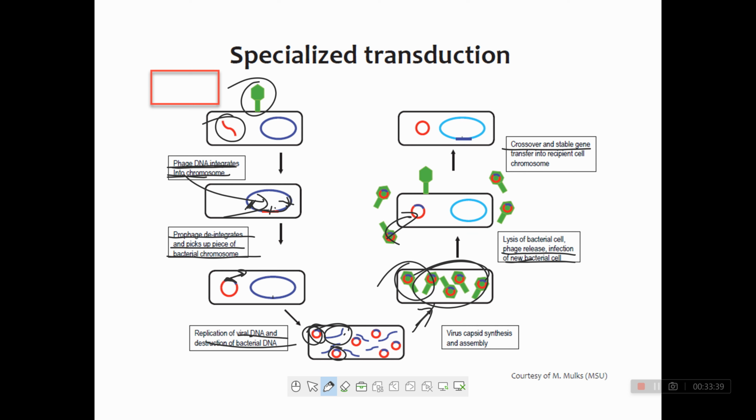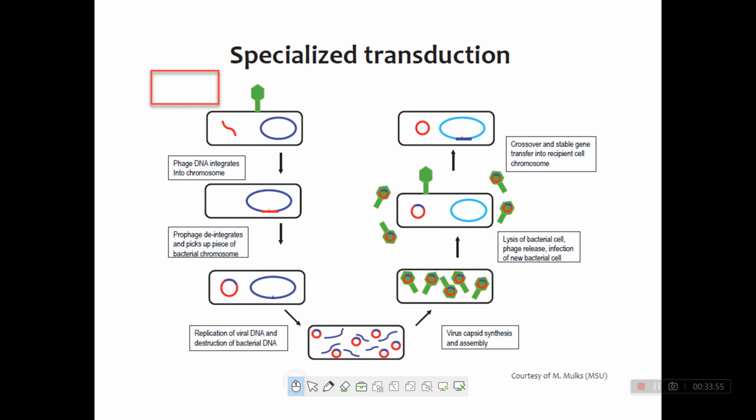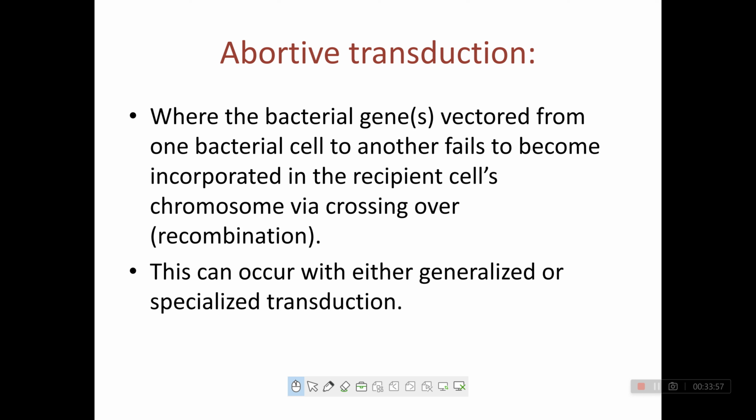After infection, crossover and stable gene transfer into the recipient chromosome occurs. Okay, this is the process. A small piece of the donor bacterial cell will be transferred to the recipient. Okay, clear? Next is abortive transduction.